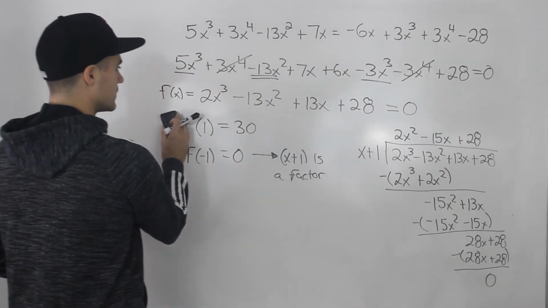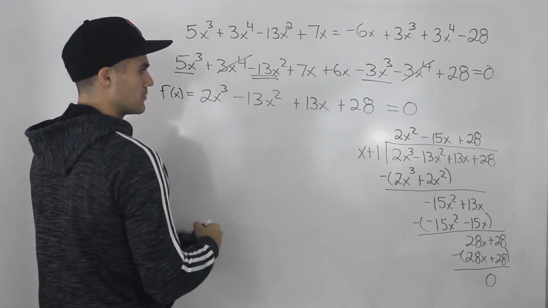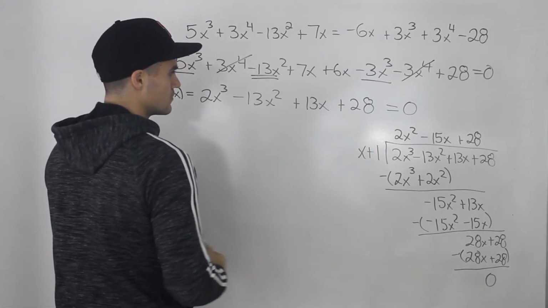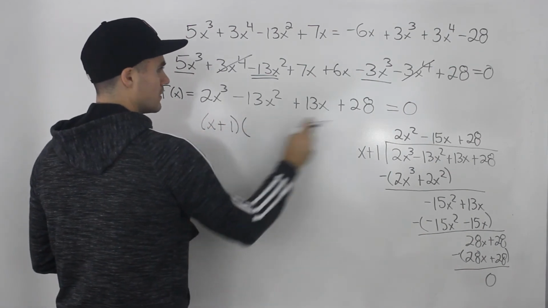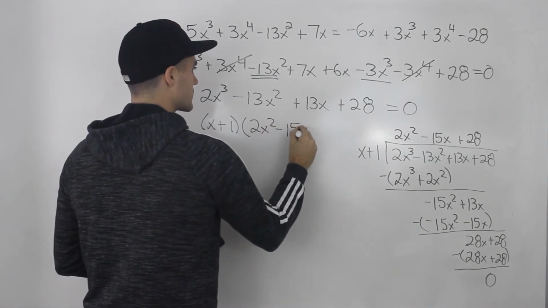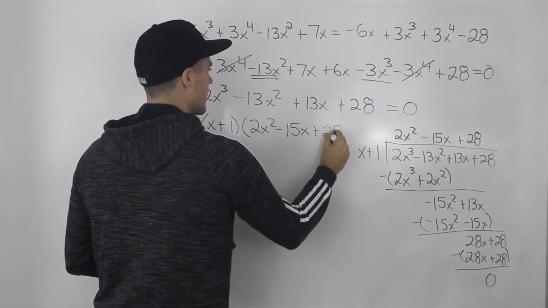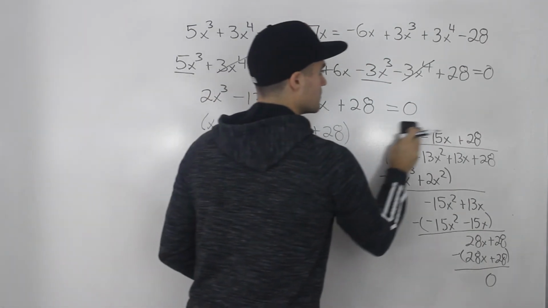Okay, so basically what we've done is we took this polynomial here and broke it down into the divisor, x plus 1, and the quotient, 2x squared minus 15x plus 28. Right, let me erase some stuff here just to give myself some more room.